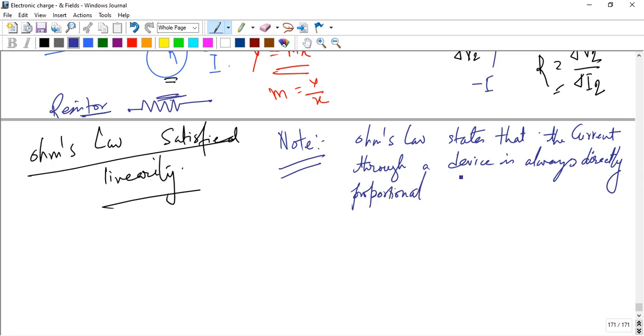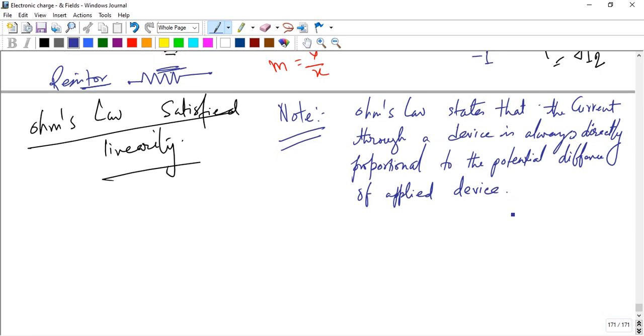to the potential difference applied across the device.